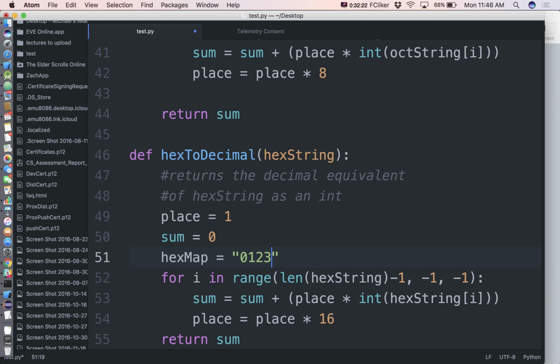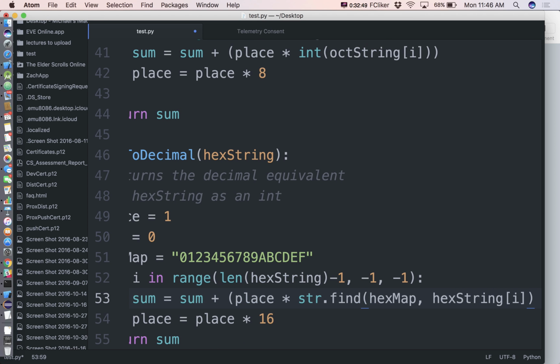And this will be 0 through 9, A through F, like that. And what we would do instead, I'm just going to steal this guy here real quick. What is it? String find, like that. I would say find in the string hex map that character.